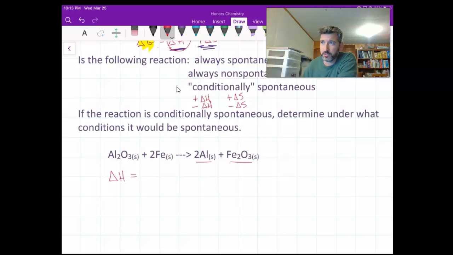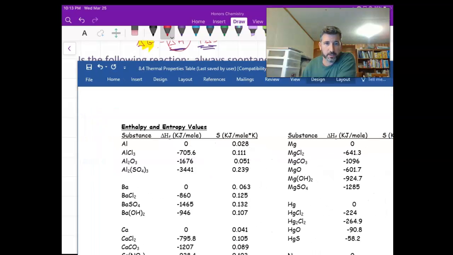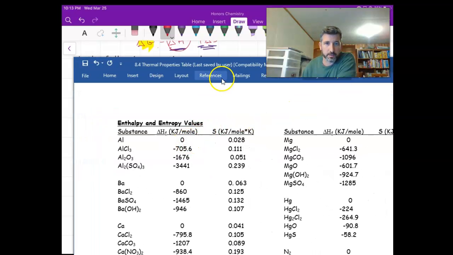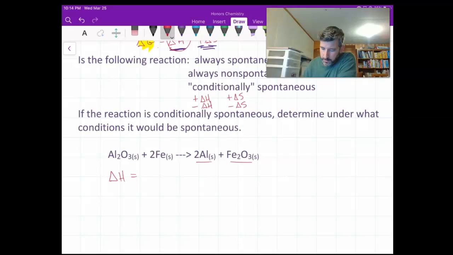So I have aluminum, which is an element which should have 0 heat of formation, and sure enough, there it is, 0. So that's going to be, I could say 2 times 0, but I'm just going to say 0. So 0 kilojoules plus my other product, which is iron 3 oxide.